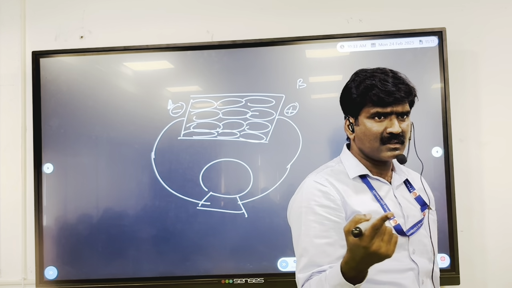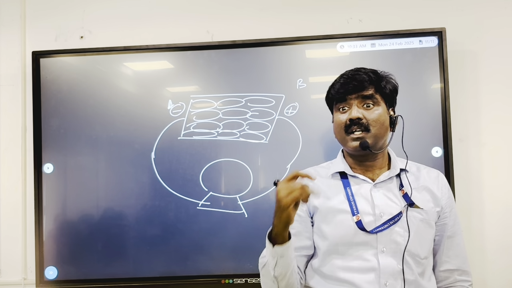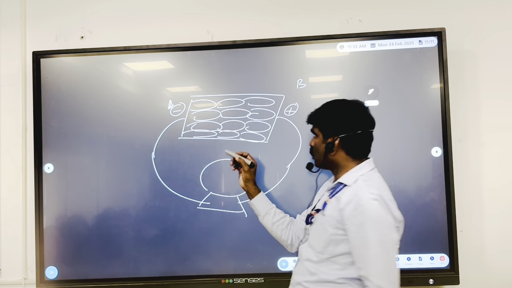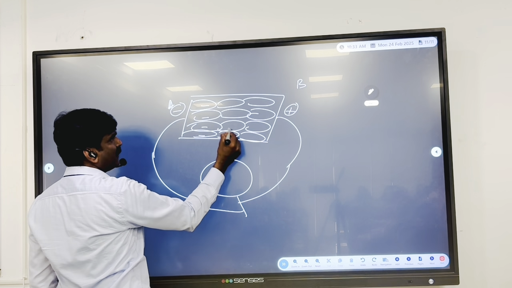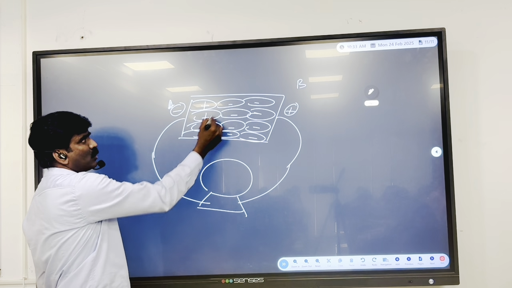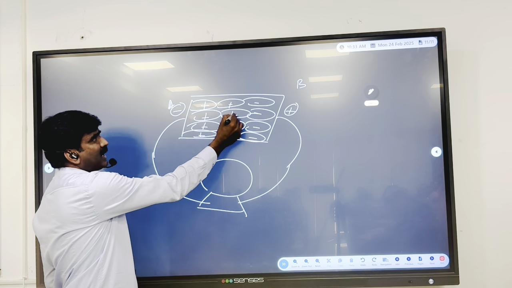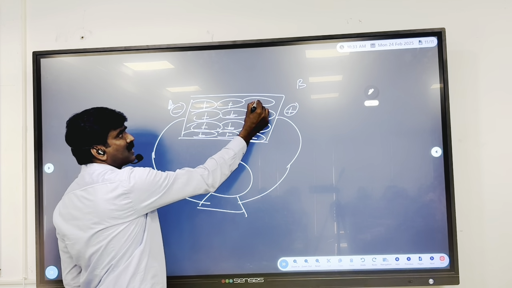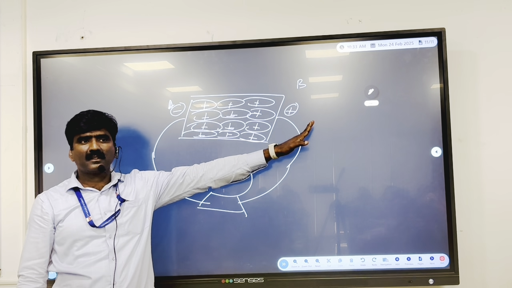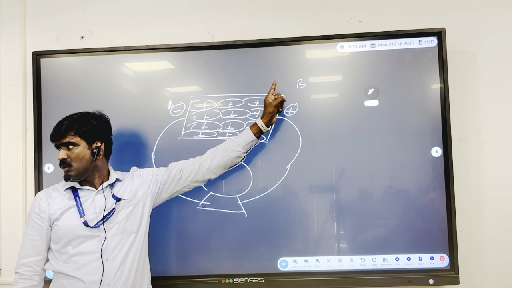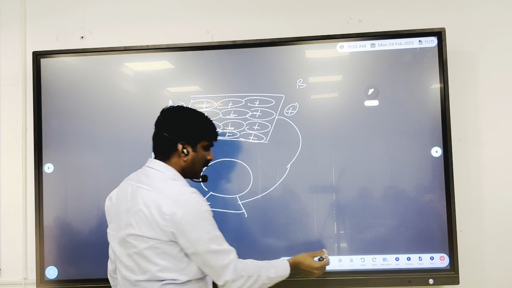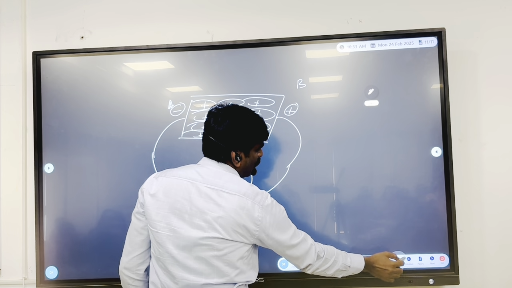Already we discussed this. Previously, all the cells are negative. Then the first row cell is depolarized, then the second row cell, next the third row cell. Which cell is depolarized last? The third row. So this cell will repolarize first. I will explain later why and how.